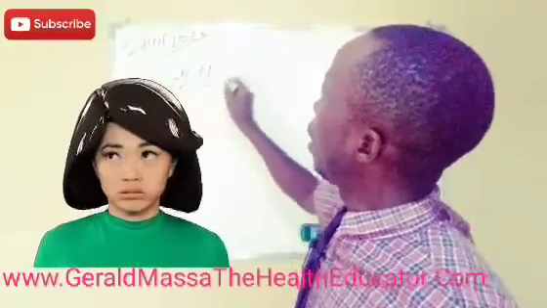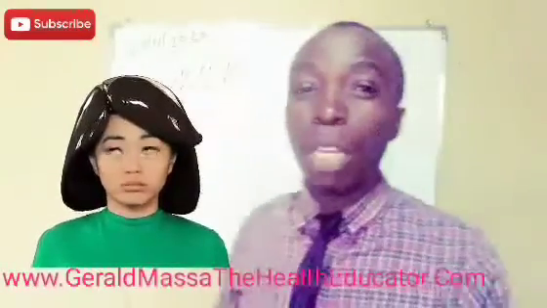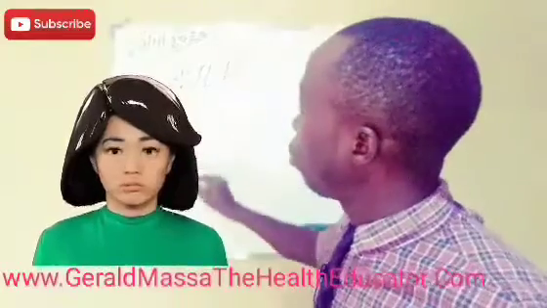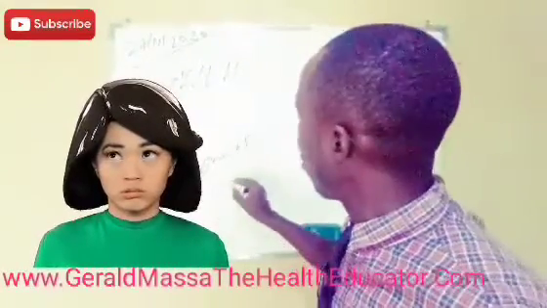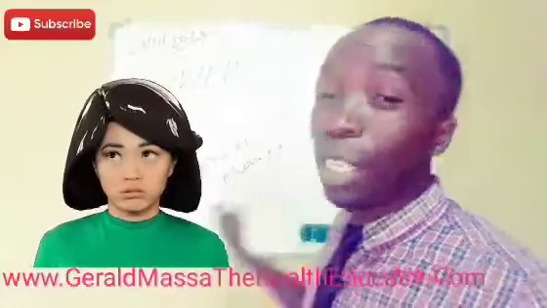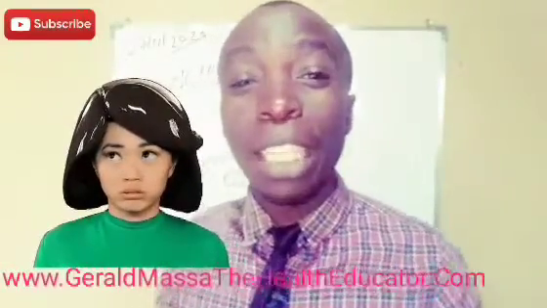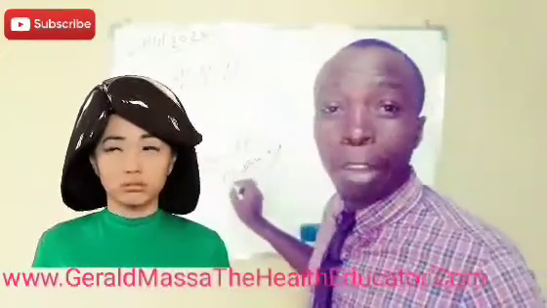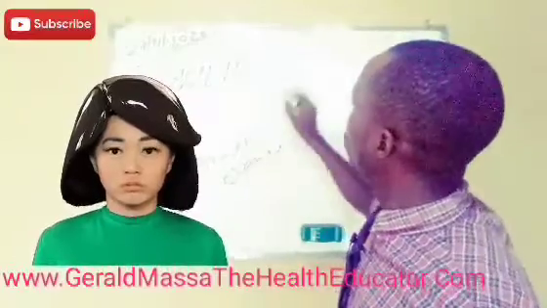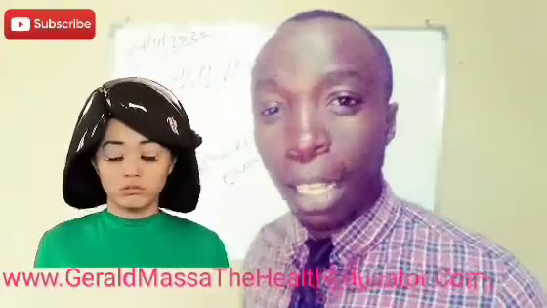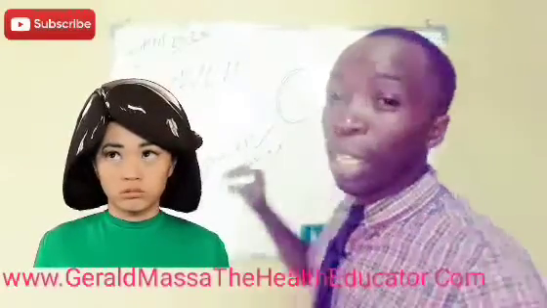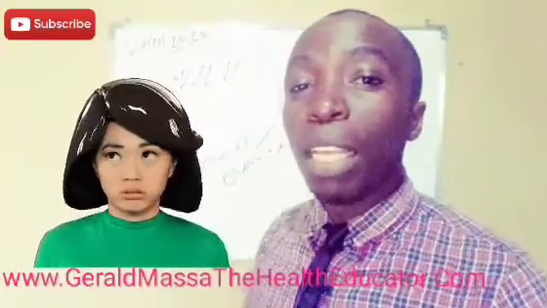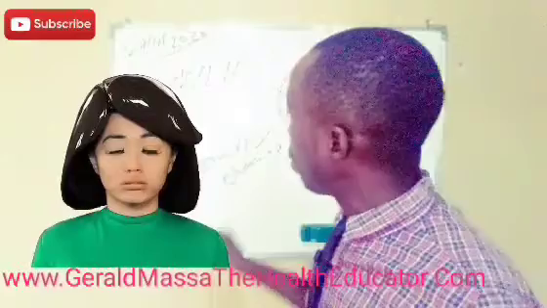We said that FSH and LH are produced in the brain. When they travel through the blood up to your ovaries, they are going to act specifically on your egg. So when FSH and LH act on your egg, the end result is that two hormones are going to be produced. The first hormone is known as progesterone.